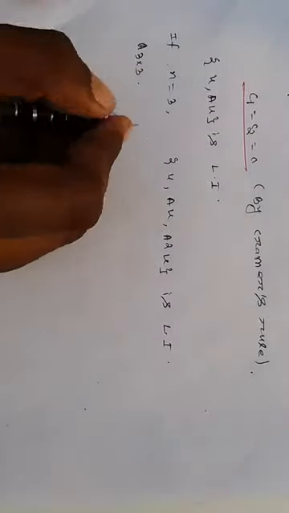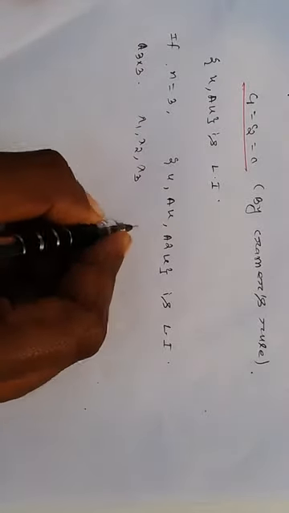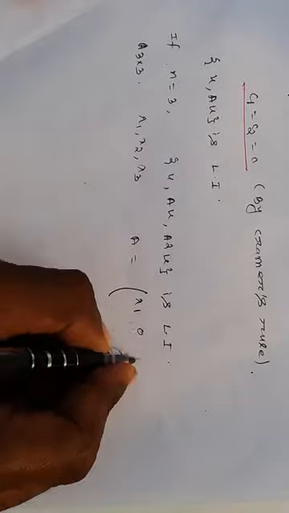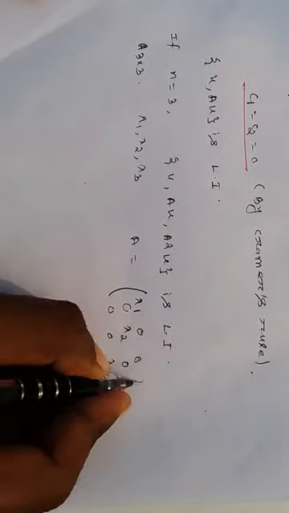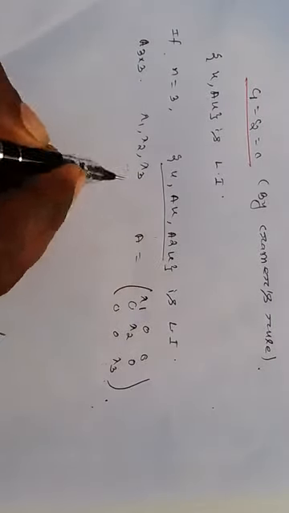And here if we take n equal to 3, then A is a 3 cross 3 matrix, and there are 3 distinct eigenvalues, say lambda 1, lambda 2, lambda 3, and in that case A is diagonal with lambda 1, lambda 2, lambda 3, and we want to prove that this is linearly independent.